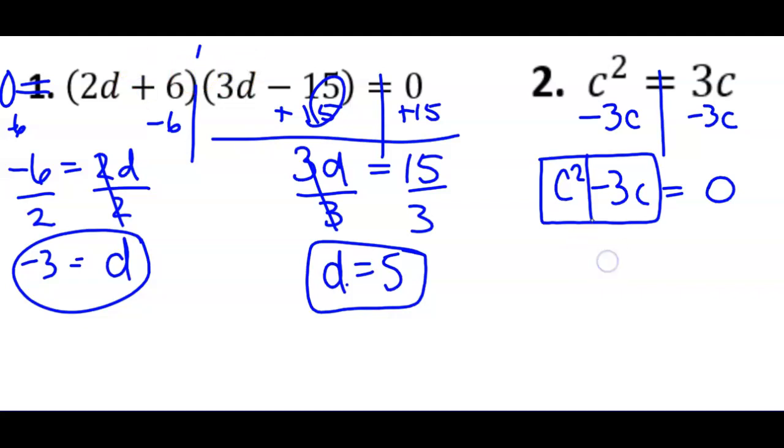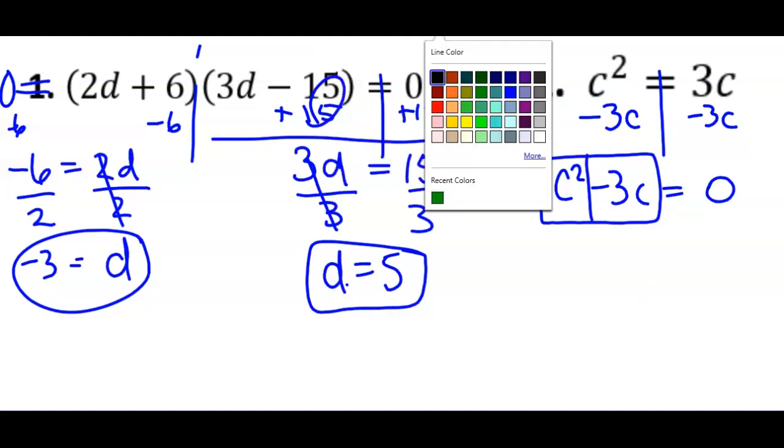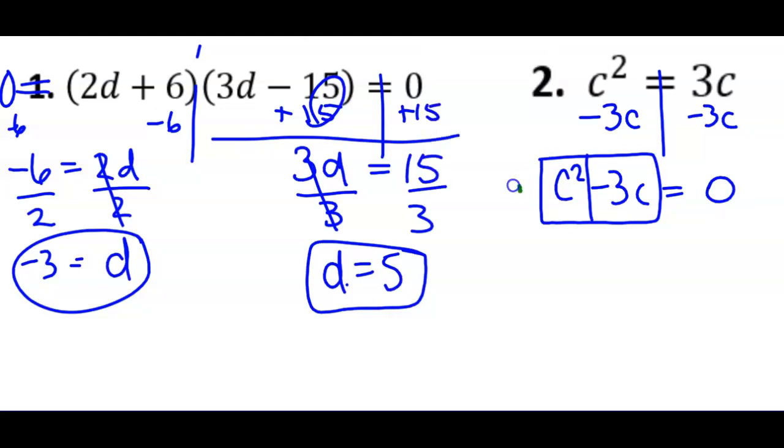And so I need to figure out what's being multiplied. So my common number is c. I can take a c out of both of these, okay? If I divide this by c, I'm going to get c minus 3.